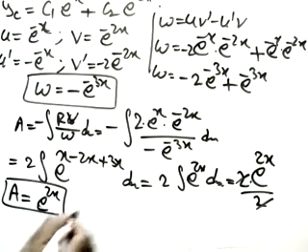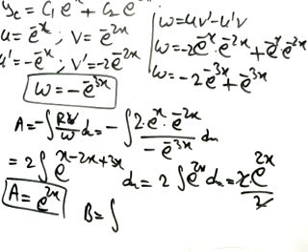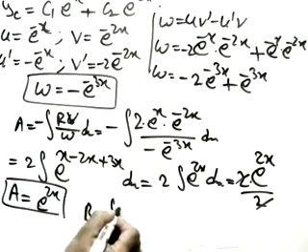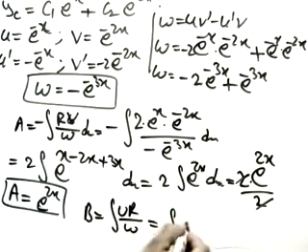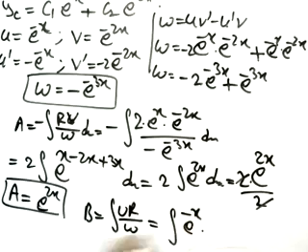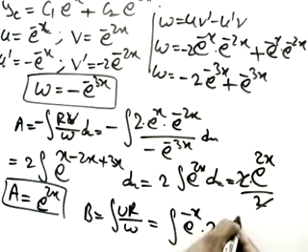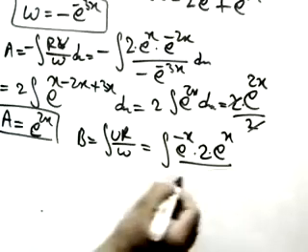Now let me find B. B equals integration of u into R by w. So integration of u, in place of u we have e power minus x, into R. The value of R is 2 into e power x, divided by w.